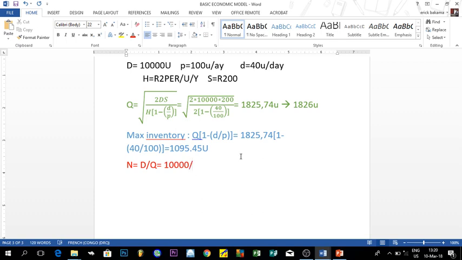And then we need to divide by q. Q is already there, which is 1825.74. So we have 10,000 divided by 1825.74. So we get an average of 5.47, which is going to give us 5.48.